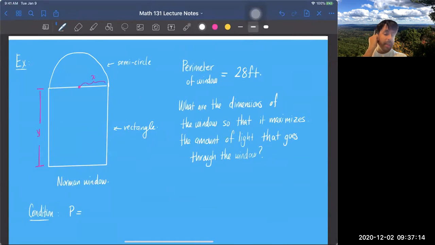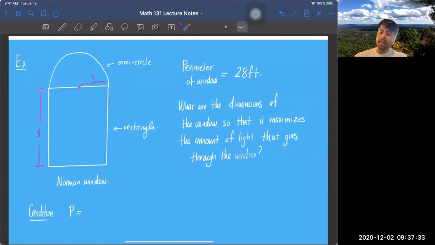Well, how do I represent the perimeter of this part here?